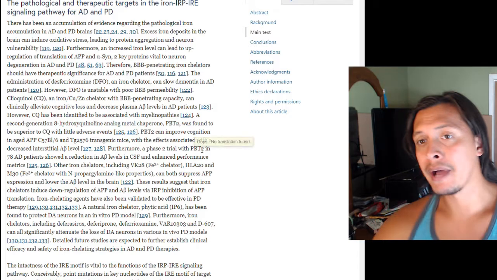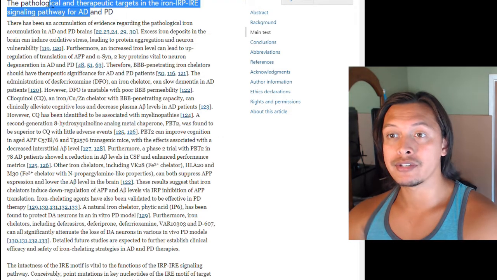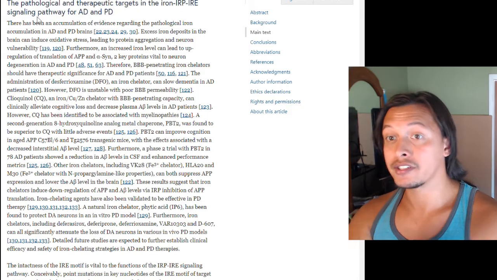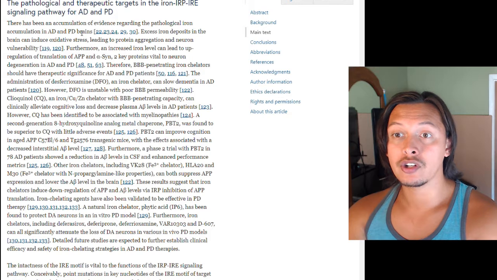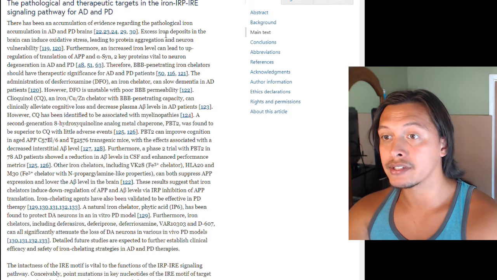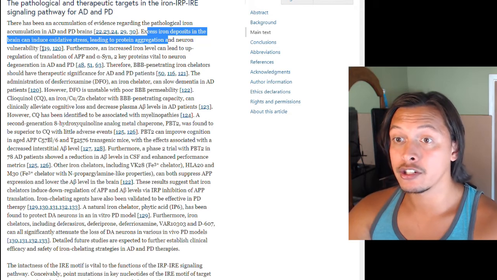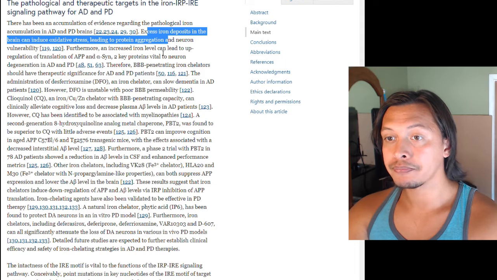Anyways, the pathologies and therapeutic targets in the IRP-IRE signaling pathways for Alzheimer's disease and Parkinson's disease. There has been an accumulation of evidence regarding pathological iron accumulation in Alzheimer's disease and Parkinson's disease brains. Excess iron deposits in the brain can induce oxidative stress, leading to protein aggregation and neuron vulnerability.